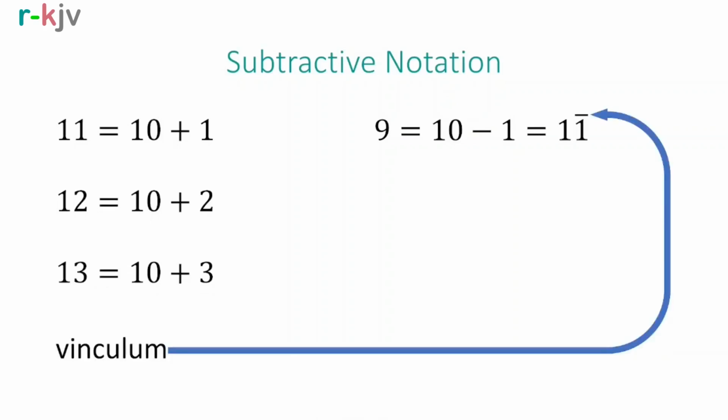This bar on top of 1 is the one that is referred to as the Vinculum, which simply means the bar. It denotes that the digit under it is negative. Note that it is not used in the same way as we use it in modern day schools and colleges.